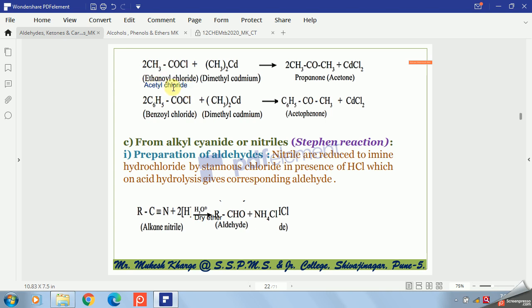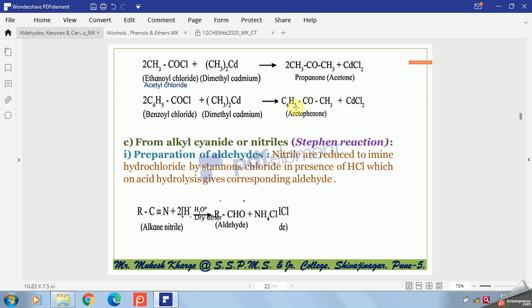It is also known as ethanoyl chloride, which is the IUPAC name. What we get? The Cl gets replaced by the alkyl group CH3. So CH3COCH3. Check the product. So your product is propanone or acetone or dimethyl ketone plus CdCl2.